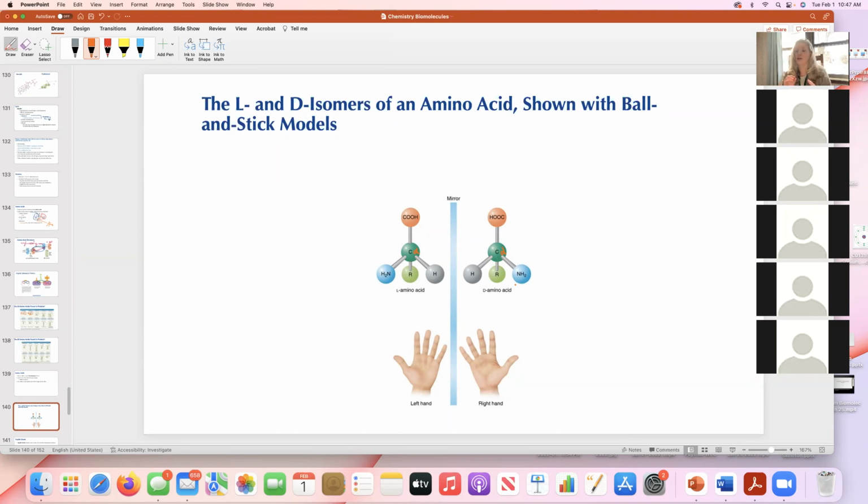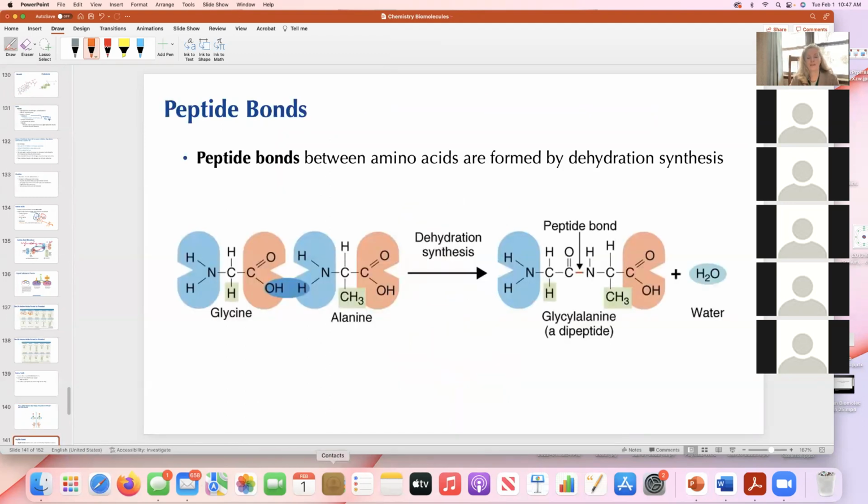They can only have the specific orientation in space that aligns with that stereoisomer. Okay. All right, so that's a little bit of a side. It's not as important as understanding the peptide bond.